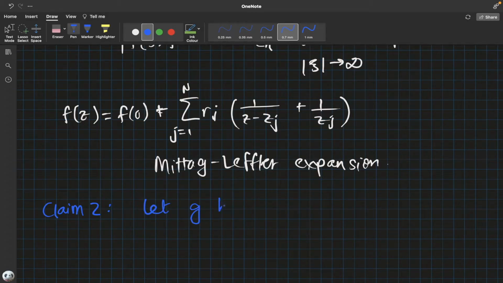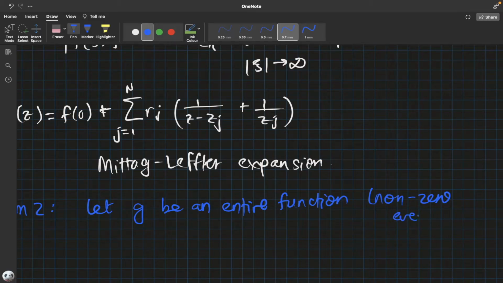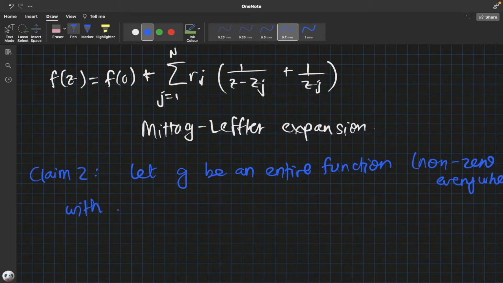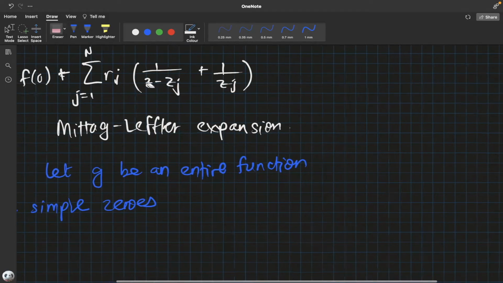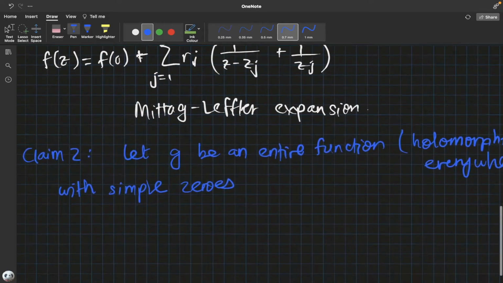so let g be an entire function, which means it's holomorphic everywhere, not vanishing everywhere, with simple zeros.